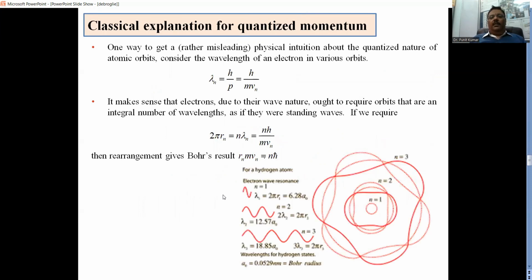One way to get a physical intuition about the quantized nature of the atomic orbits is to consider the wavelength of an electron in various orbits as lambda equals h upon m v n, where v n is the velocity in the nth orbit. When the forces are balanced, we get Bohr's result.